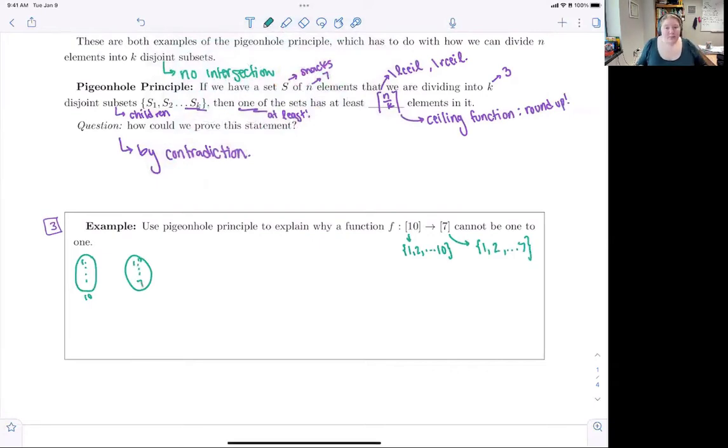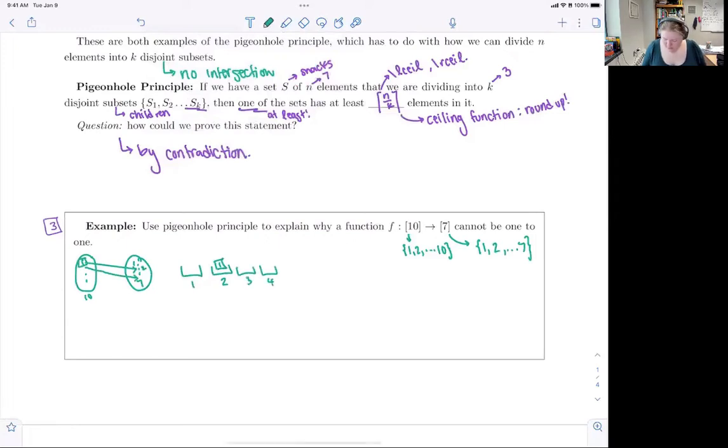How do we think of this as putting objects into boxes? Well, when we define our function, we take an element from the domain and we map it to the codomain. Really, if I was maybe putting that in 2, you can maybe see where this is going. I'm putting the element 1 into box 2 if I'm picking that 1 maps to 2. And maybe 2 goes to element 5 or something.